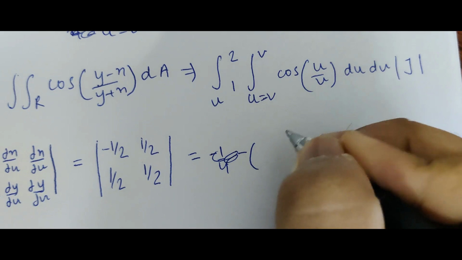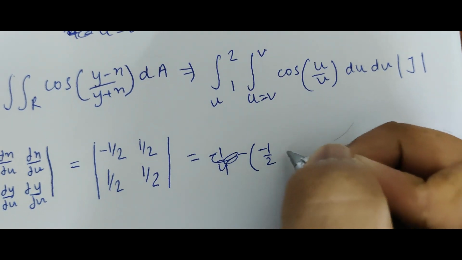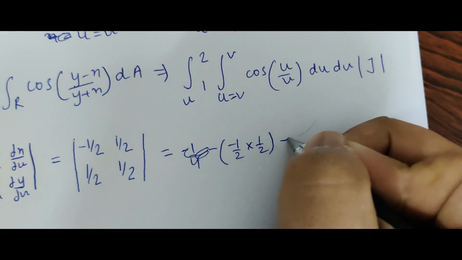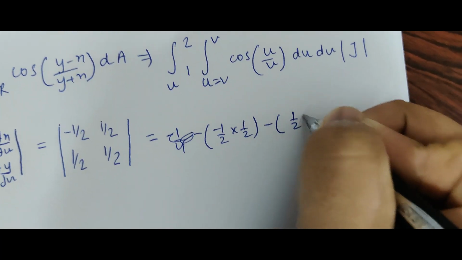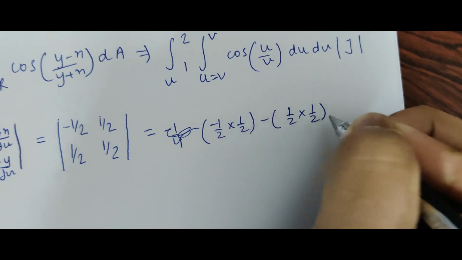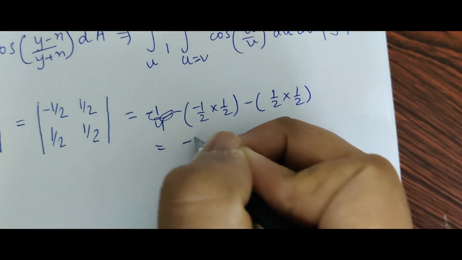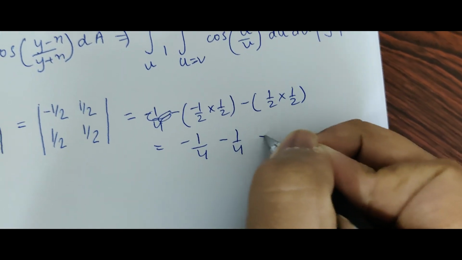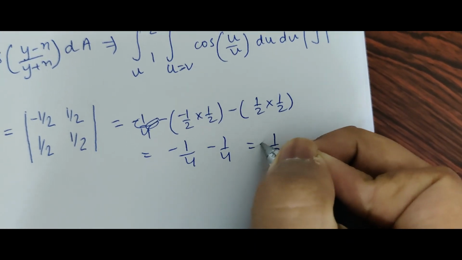I straight away wrote it: 1 by 2 into 1 by 2 minus 1 by 2 into 1 by 2, which is negative 1 by 4 minus 1 by 4, which is half.